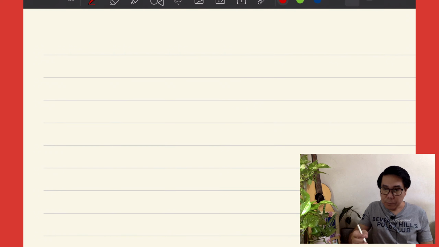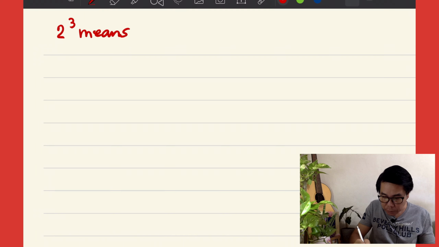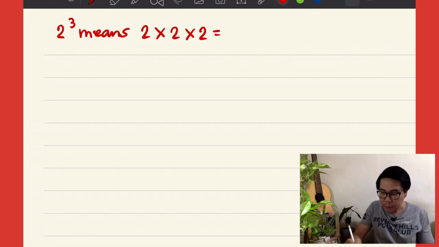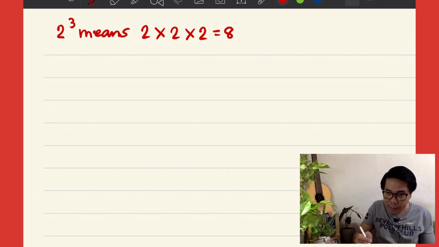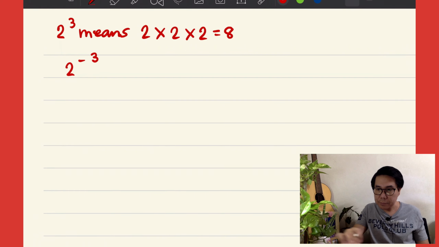Now, we know that 2 raised to the power of 3 means 2 times 2 times 2, which gives us 8. So what does 2 raised to the power of negative 3 mean?